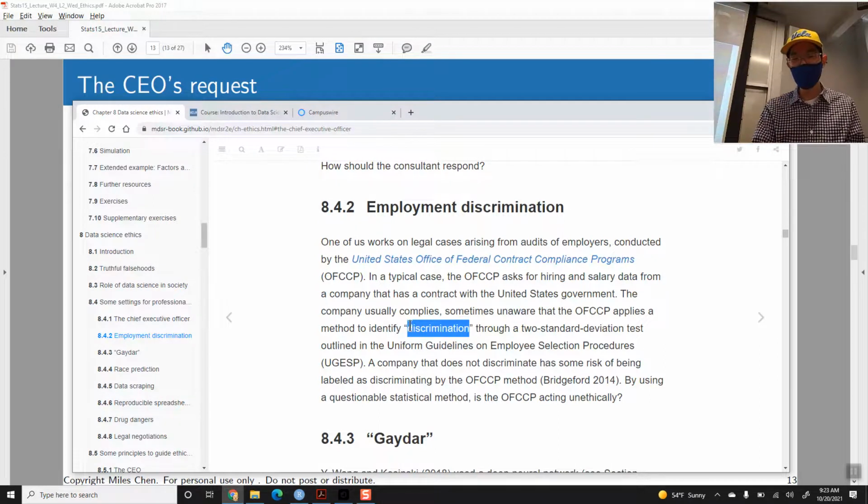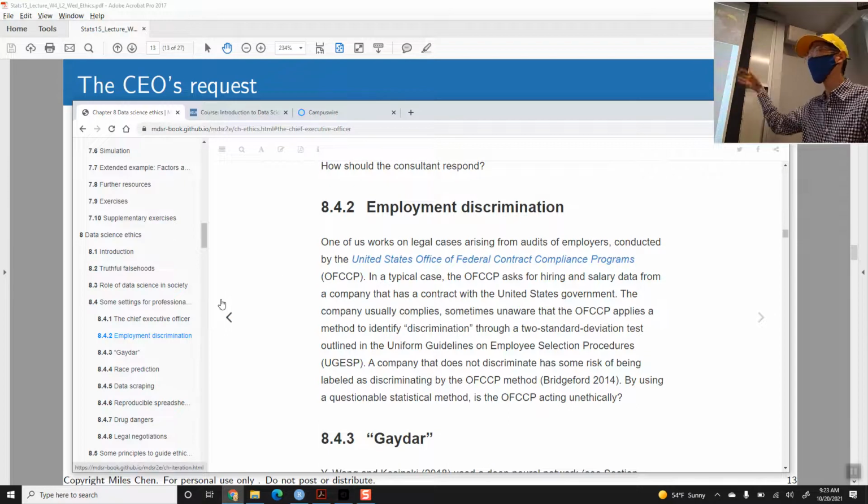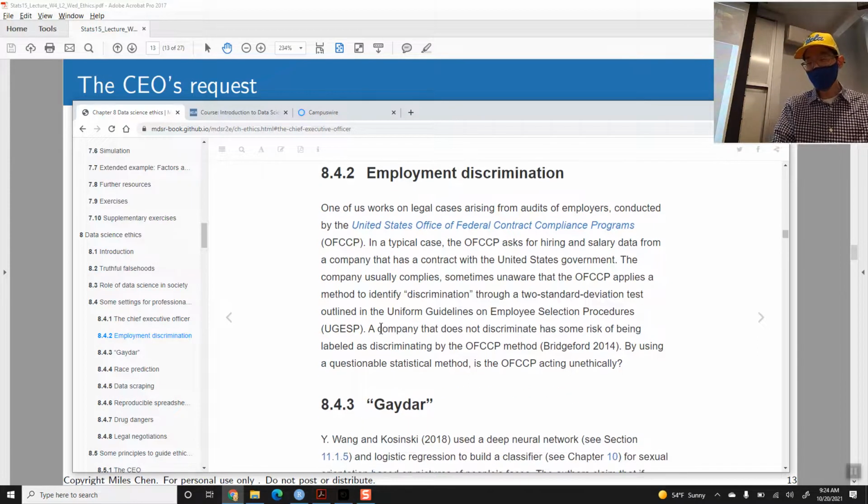Discrimination is in quotes, identified through a 2 standard deviation test outlined in the Uniform Guidelines on Employee Selection Procedures. Apparently there's a guideline that says when you hire employees, this is what should happen. Maybe some companies are aware of this, maybe not. But the method being used will sometimes identify false positives.